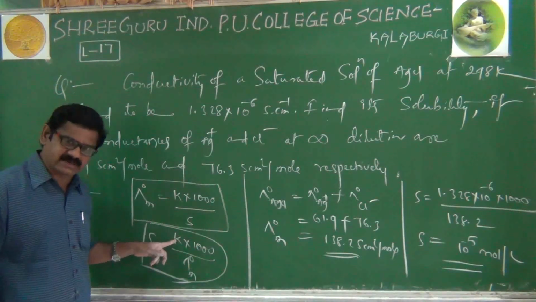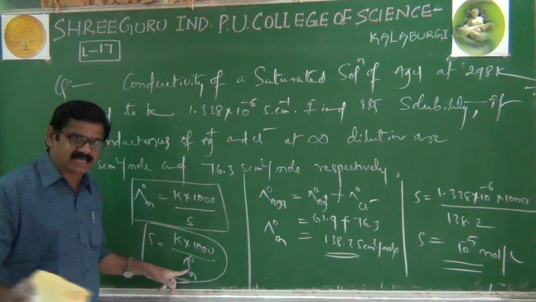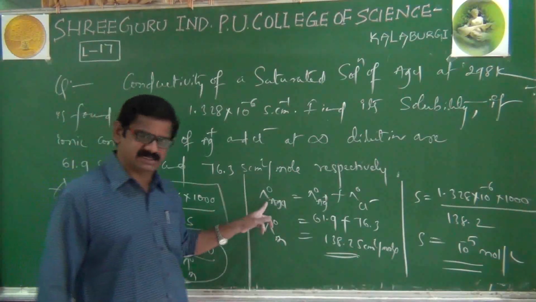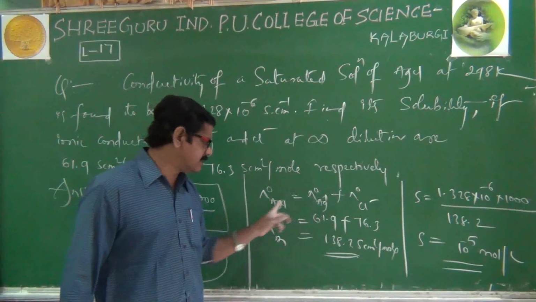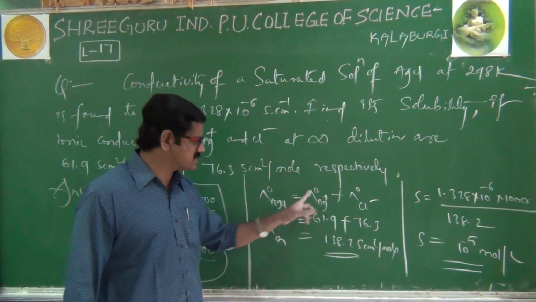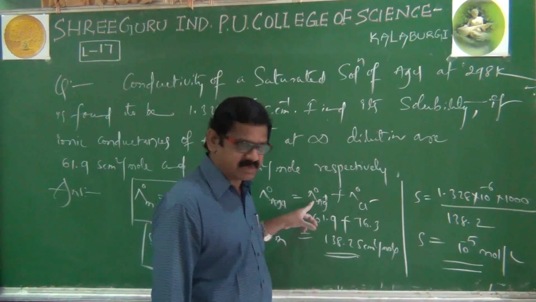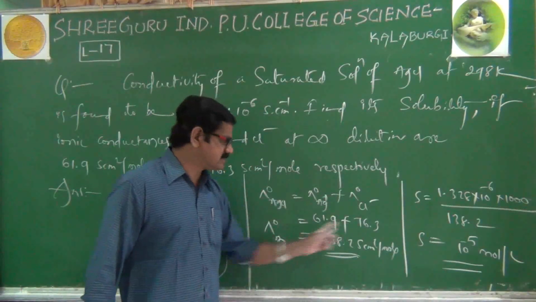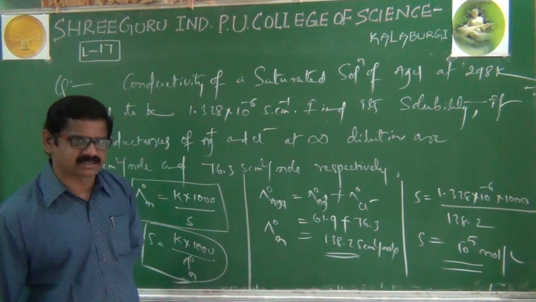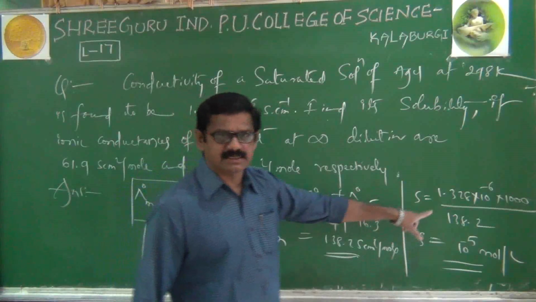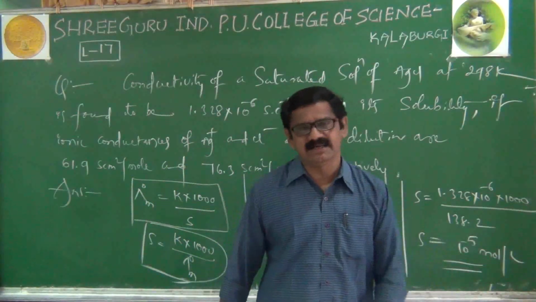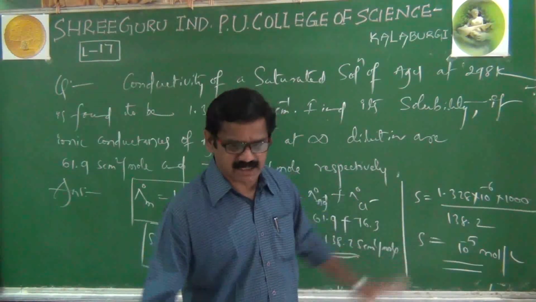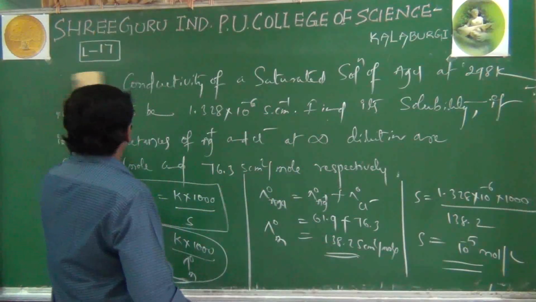K value is already given in the question. Lambda m naught has not been given, but given indirectly like this. Lambda m naught calculated like this: lambda m naught AgCl is equal to lambda m naught Ag plus plus Cl minus. If you substitute the values, you will get lambda m naught. Then finally, you will get solubility. Its units are mole per liter or molar. That's all. Next question we'll see now.